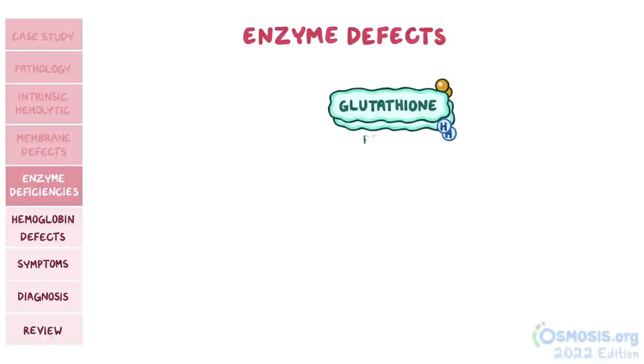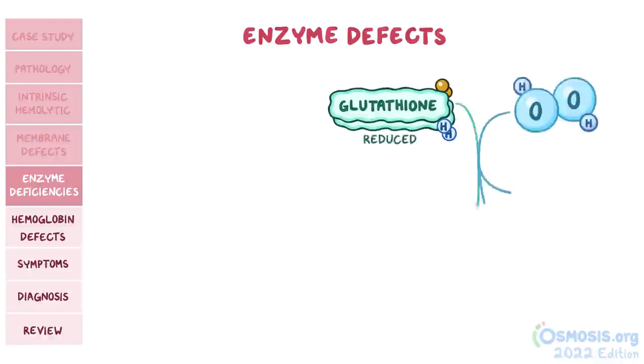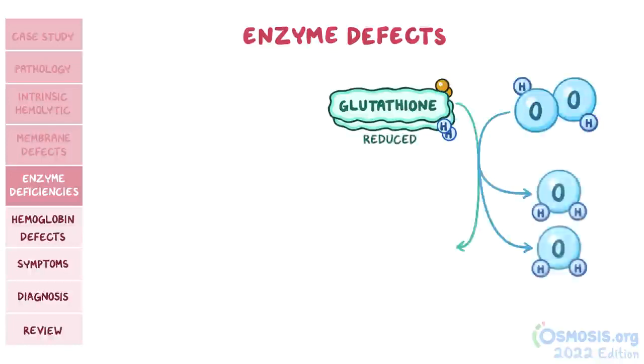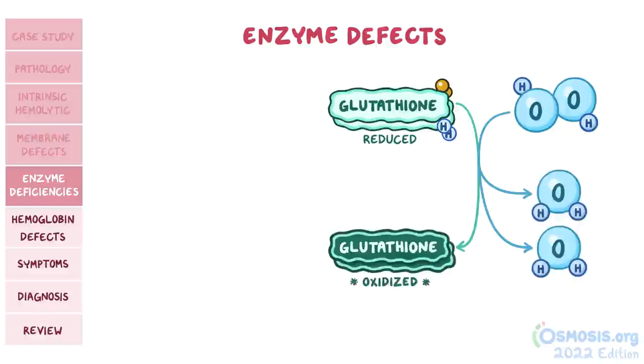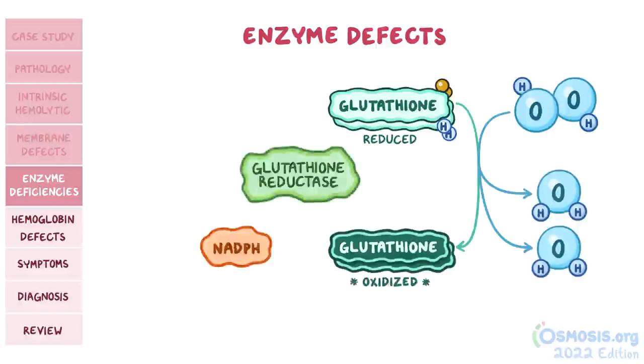Glutathione needs to be in the reduced state, where it can donate protons and electrons to the H2O2 and convert them into water. This causes glutathione to become oxidized, so before it can get back to work, an enzyme called glutathione reductase uses NADPH to reduce the oxidized glutathione, and NADPH becomes NADP+.